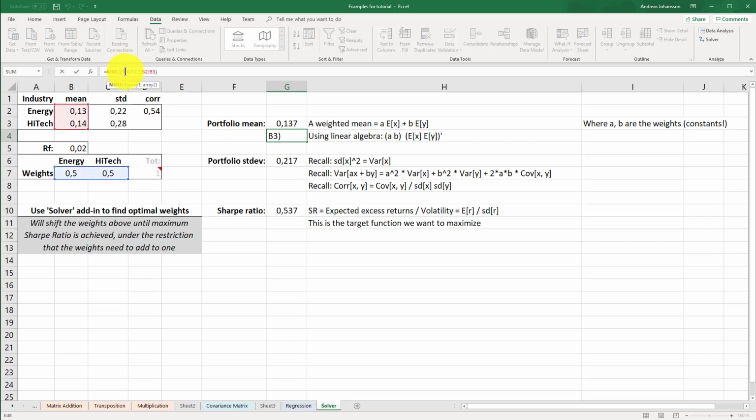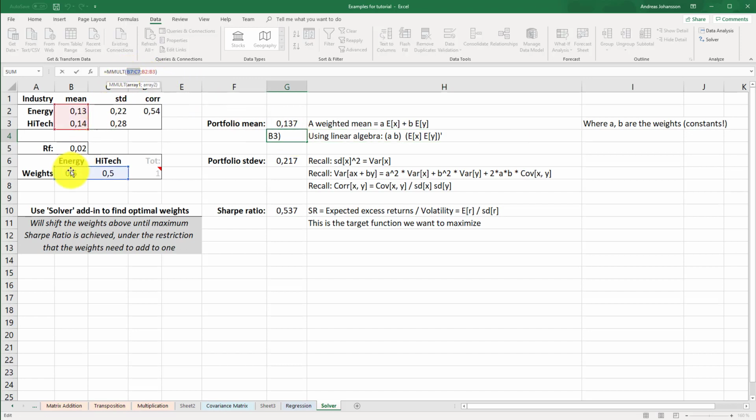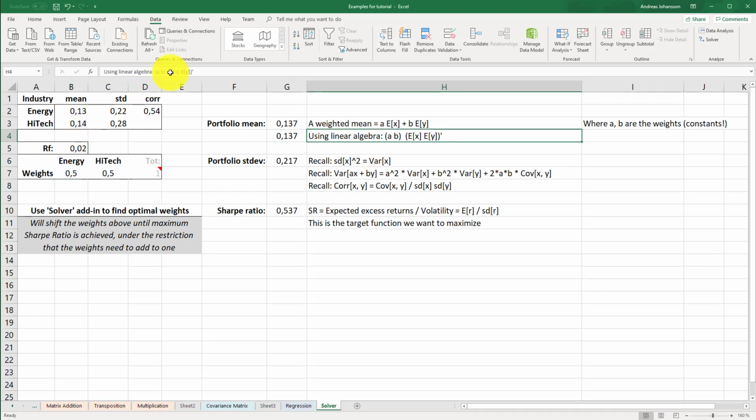So we just take a matrix multiplication of the weight vector times the mean vector. And they should yield the same result. And note now that this weight vector is already a row vector, so we can just multiply them directly without doing any transposes. Because this is a 1 by 2, this is a 2 by 1, which means they are already matched in dimensions.